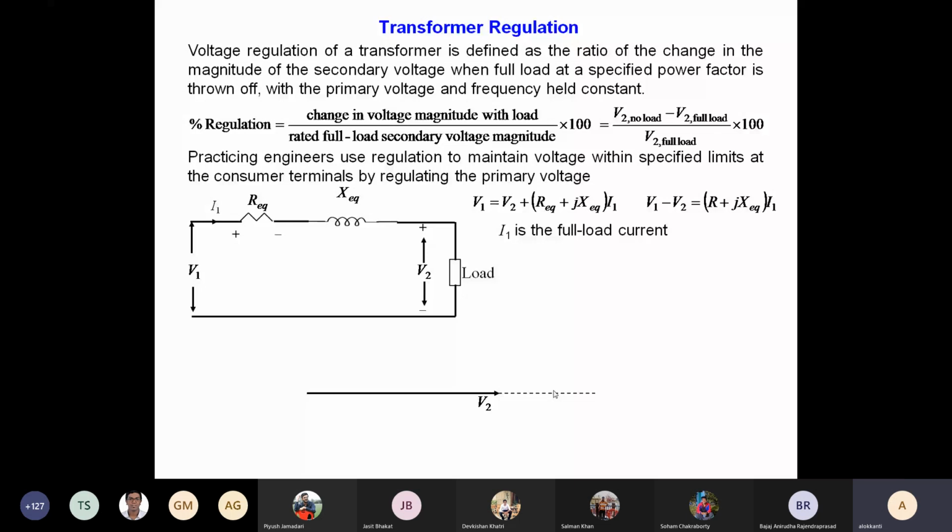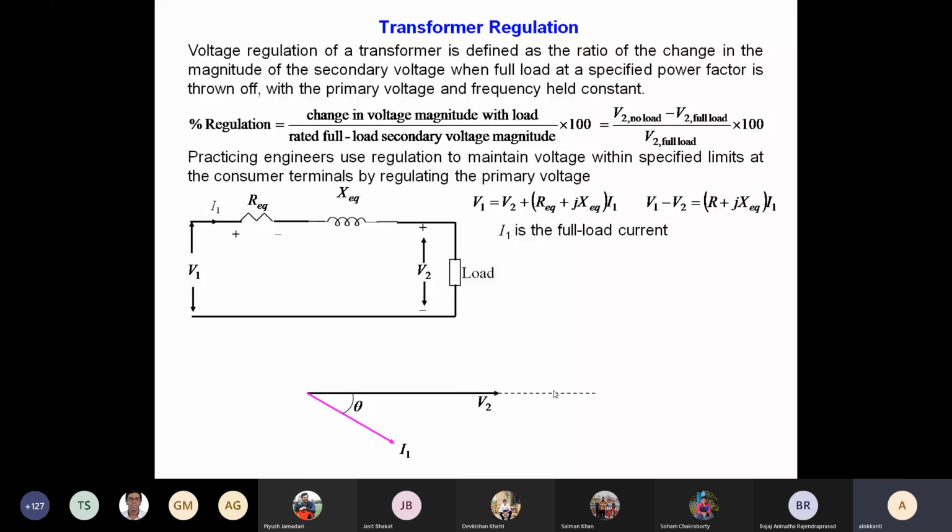Assuming that the load is lagging, then this current I1 will lag this voltage V2 by an angle theta, depending upon the power factor angle of the load. So it is basically the power factor angle of the load as well as REQ and XEQ all jointly that lead to this current. Now this V2, so how to get this V1?